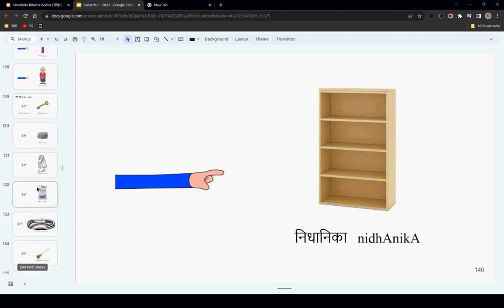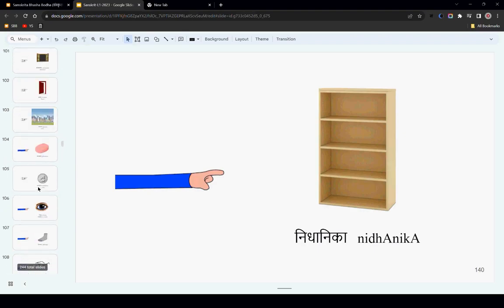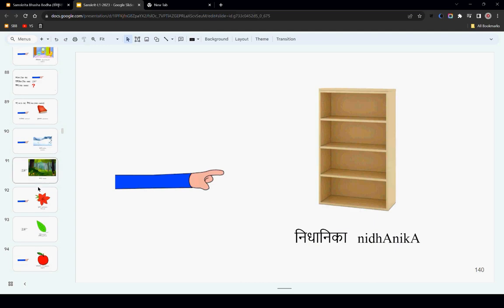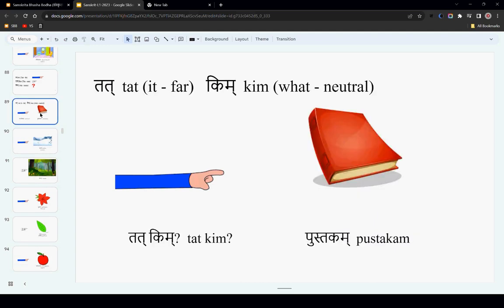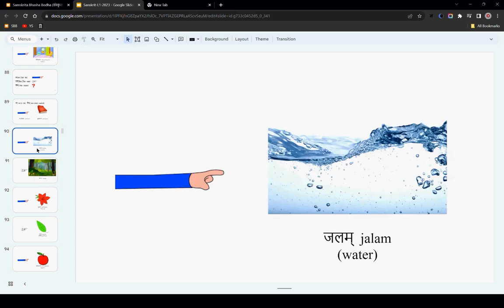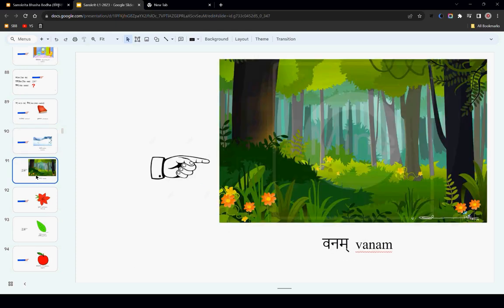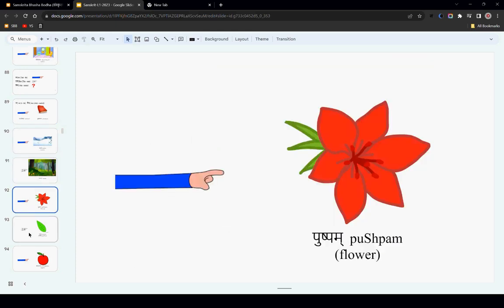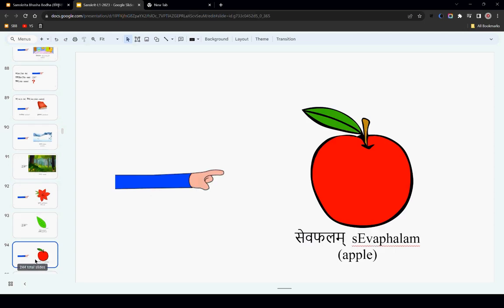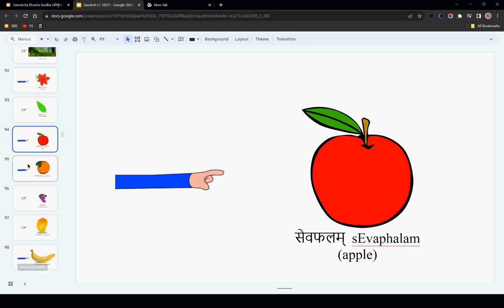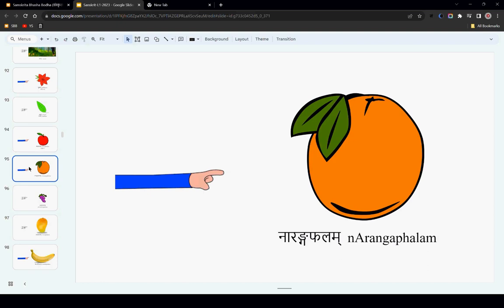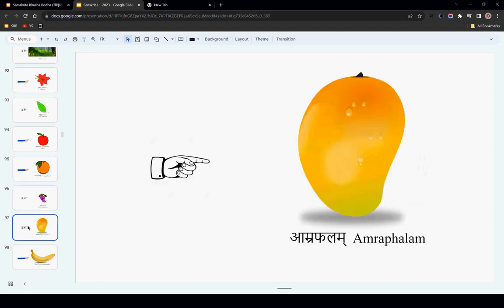Some examples are also on the slides here in between after the Pullinga words. So starting here, tat pustakam, tat jalam, etat vanam, etat pushpam, etat parnam, etat phalam, or if you want to be specific, we have seva phalam, apple here. And then we have etat naranga phalam, different kinds of fruits.